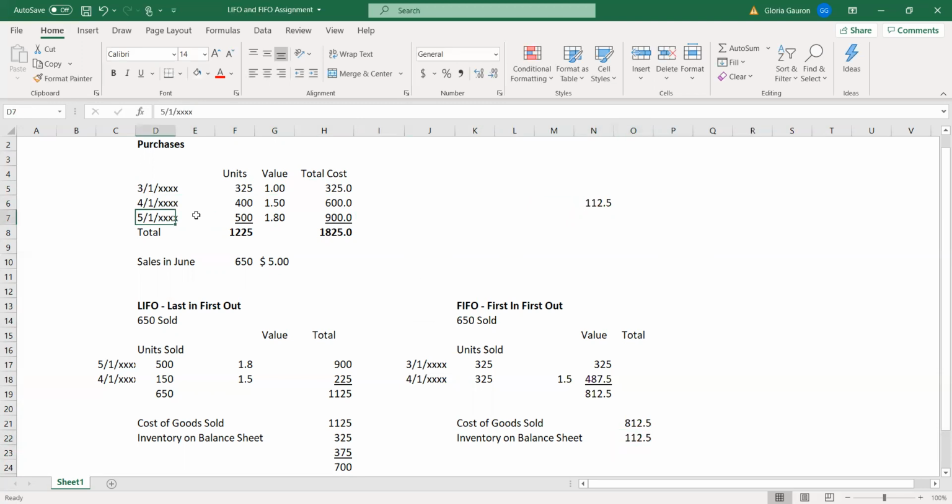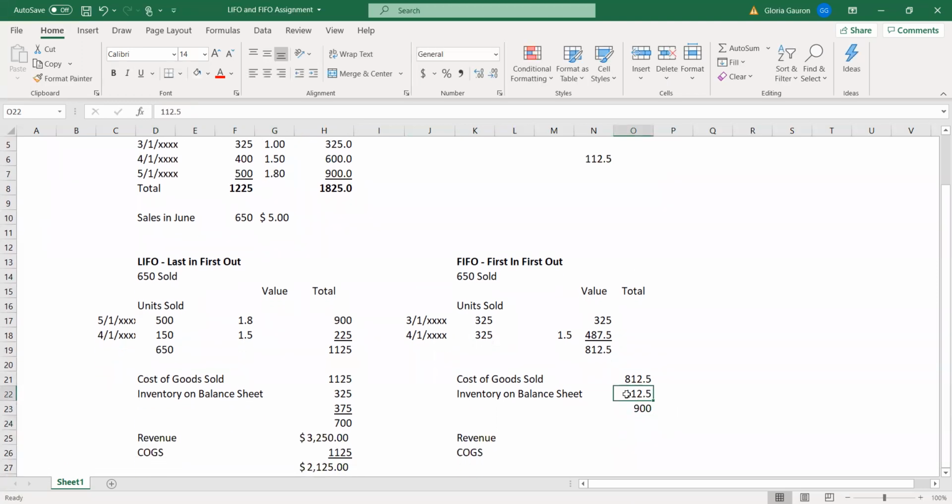And then if I look at the May inventory that I purchased, I didn't use any of it. So I have to take that total amount and keep that on my balance sheet. And when I add those together, I come up with $1,012.50.